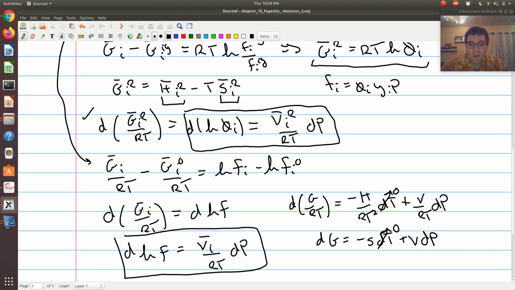You have to look back to how we did that in that chapter. But how I want to say we tackled that is that V over RT I could rewrite as, equation of state for real fluids is PV equals ZRT, so that V over RT is equal to Z over P. So I could write that as Z over P dP.